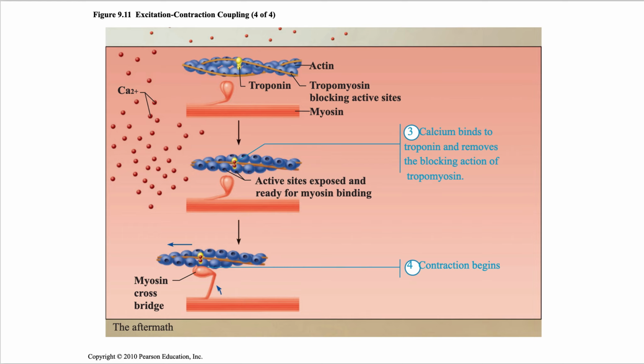These calcium ions touch the troponin, just like a key, and the troponin changes shape and pulls the tropomyosin off the actin binding sites. When that happens, the myosin head automatically attaches. It automatically attaches to these active sites that are exposed, and you've formed a myosin cross bridge. So the myosin and the actin are now touching. I think of it almost like Velcro, where they're actually bound to each other.